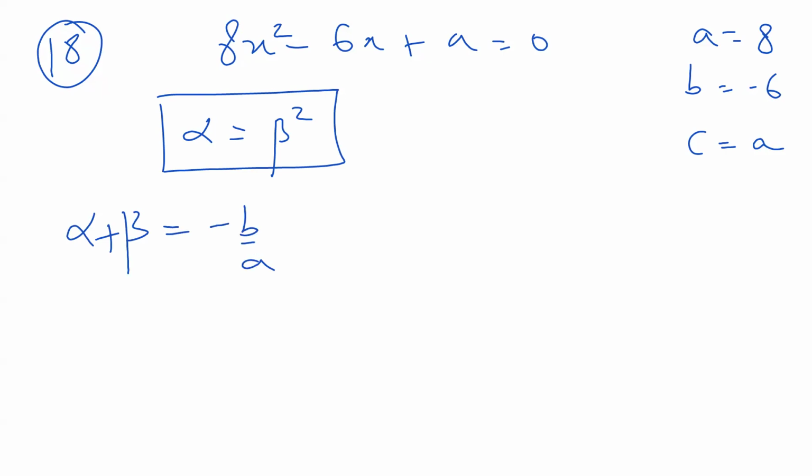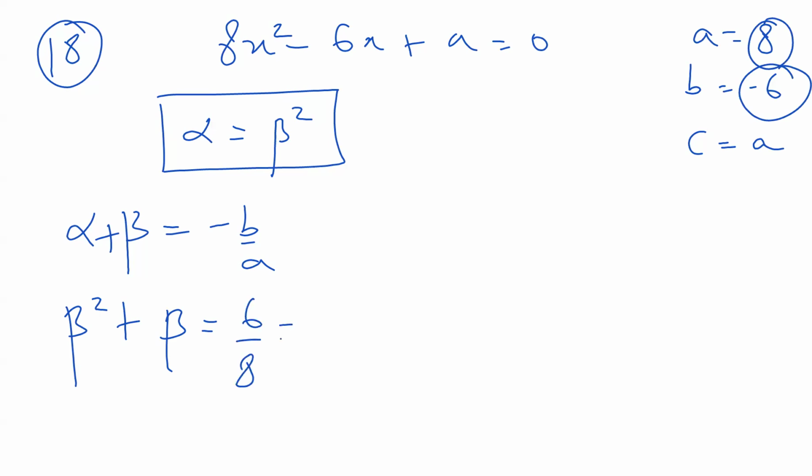See, I'm using the standard procedure. I'm not deviating from my procedure. There will be multiple ways to solve these problems, but I'm keeping a very fixed procedure. So alpha plus beta is minus b by a. So beta square plus beta is minus b by a, so 6 upon 8, which is 3 upon 4.